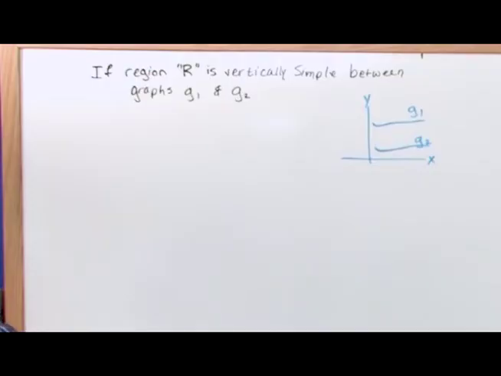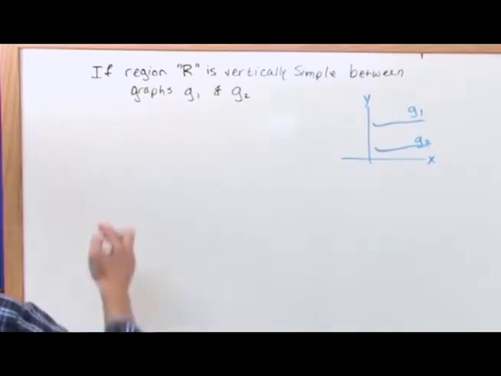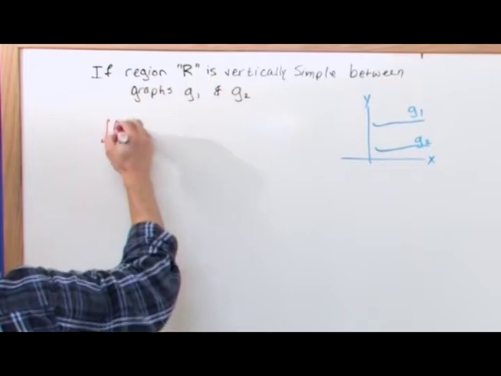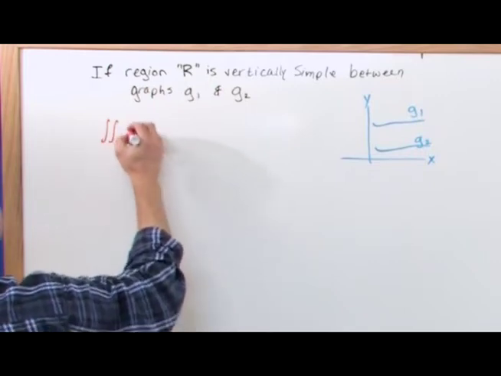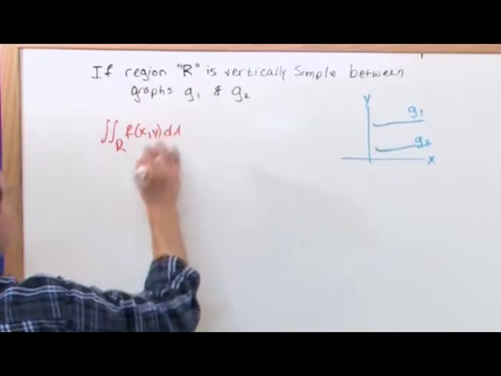So if the region R is vertically simple, then you write the double integral as follows, okay? The double integral over the region R of f(x, y) dA, this is just what I wrote down on the previous board.